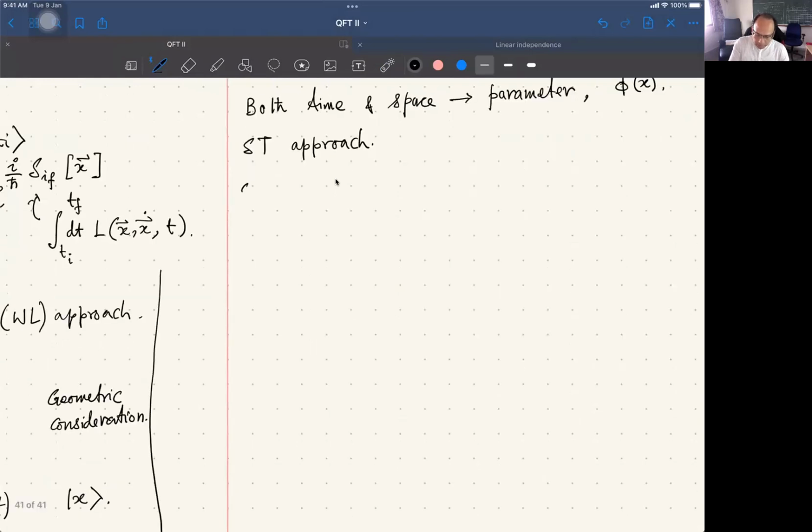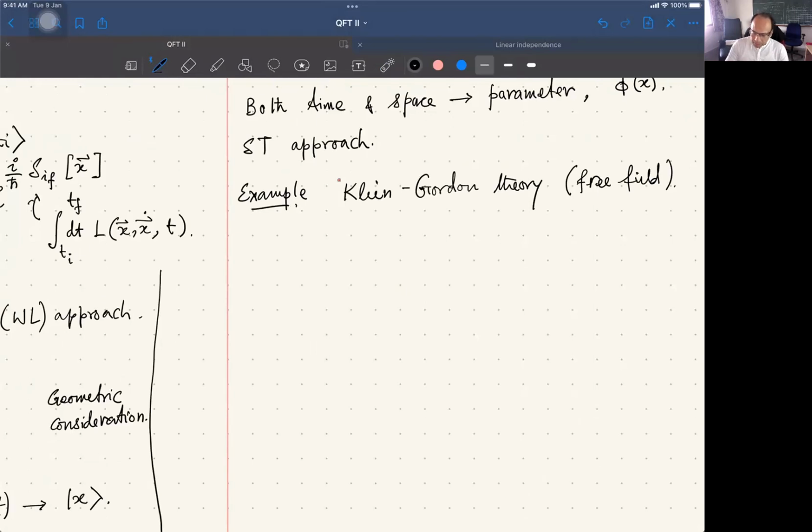And an example of that is Klein-Gordon theory, which is basically a theory of free fields. Okay.